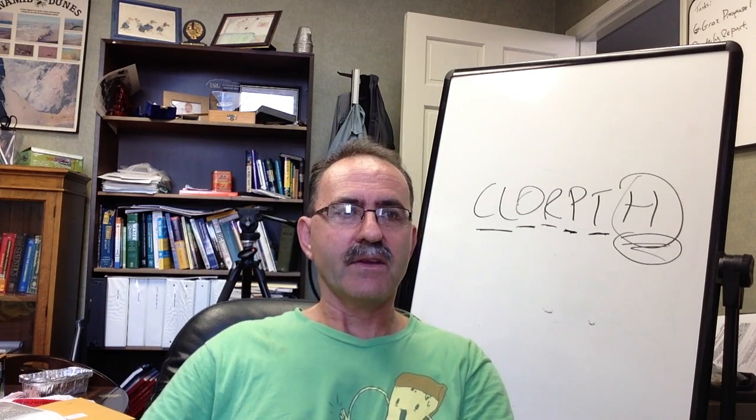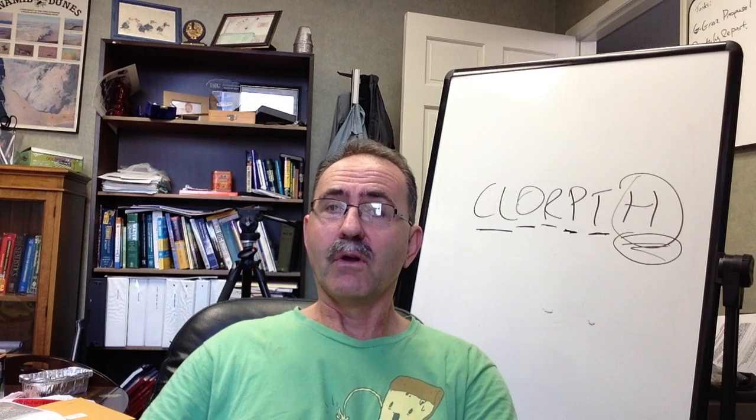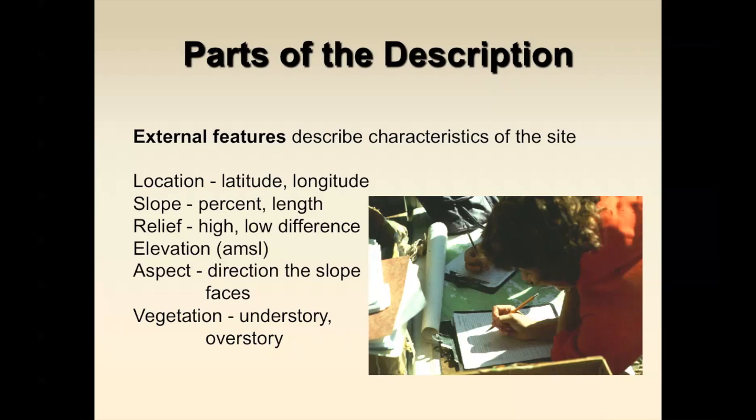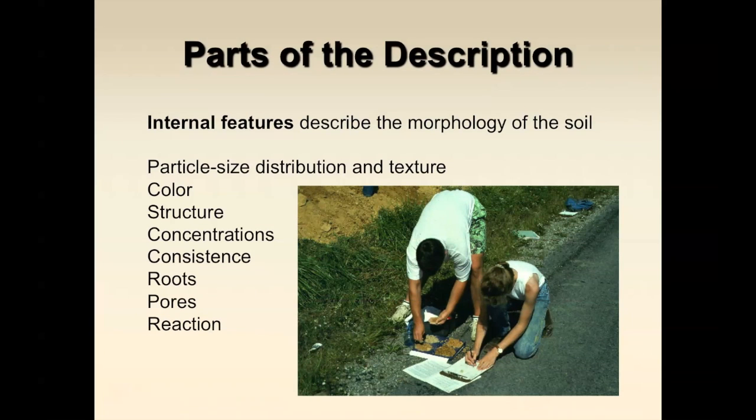You're also looking at your slopes, your relief, and your elevations. It's going to matter if you're on the coastal plain or up in the Blue Ridge. And your aspect, the direction that the slope faces, and then what your vegetation looks like. Is it a meadow? Is it prairie? Is it a forested woodland? Those are important parts before you actually start looking underneath the soil. Land use might also be part of that.